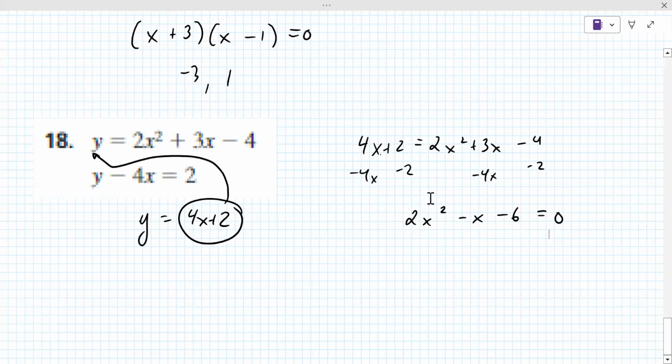So now you take this 2 and multiply by a -6. So that's -12. And you're looking for two numbers that multiply to -12 but add to -1.